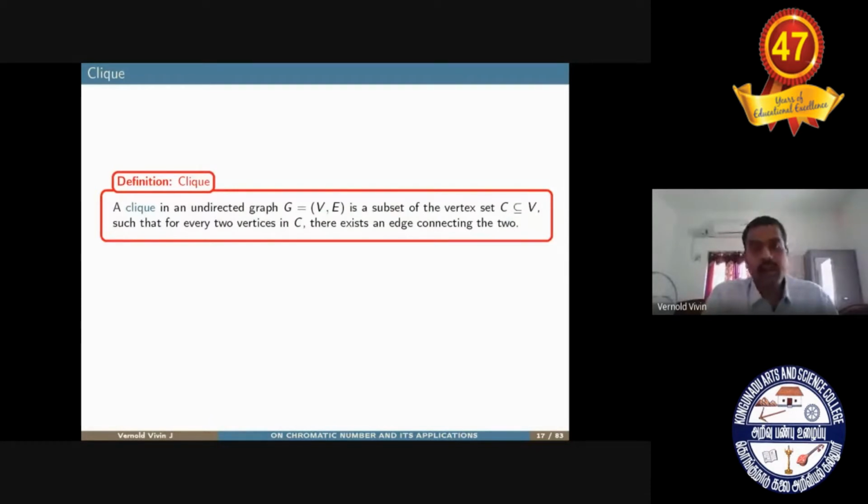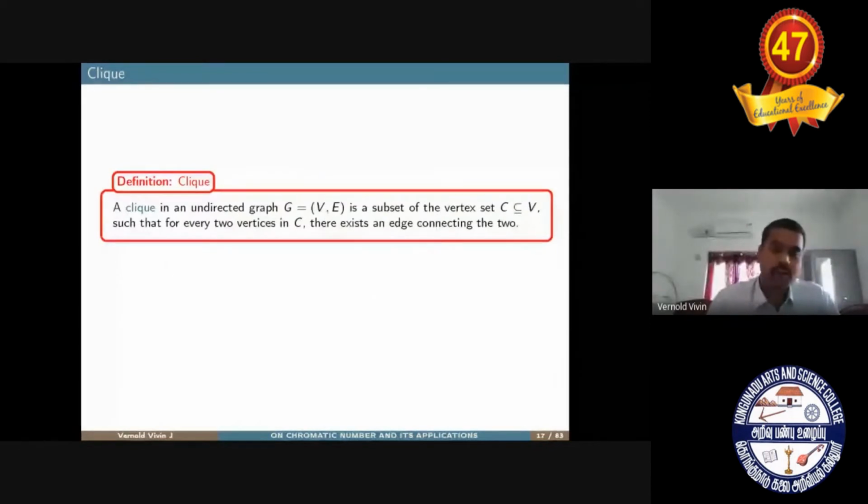Next, a clique. A clique, this is the formal definition. If you just read it, a clique in an undirected graph G with vertex set V and edge set E is a subset of the vertices, say C, which is a subset of V, such that for every two vertices in C, there exists an edge connecting the two.